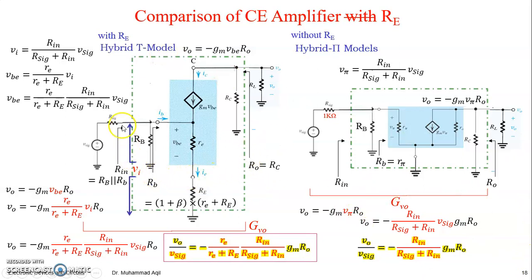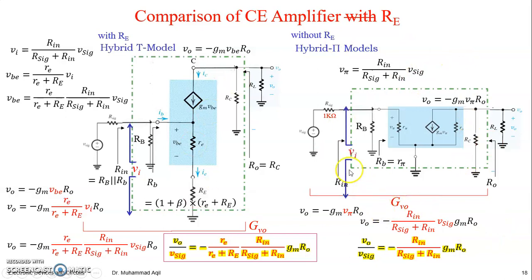Here Vi is a part of V signal which appears at the base. And this Vi will be the same across the parallel resistances Rb and (1 + beta) times Re plus Re.